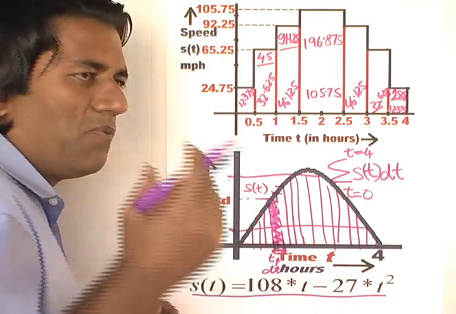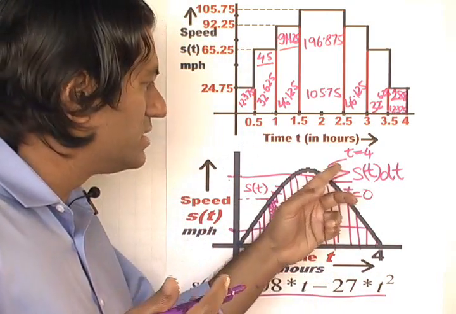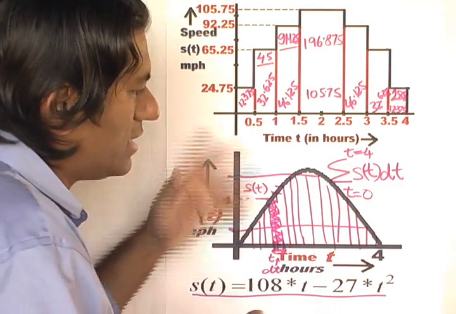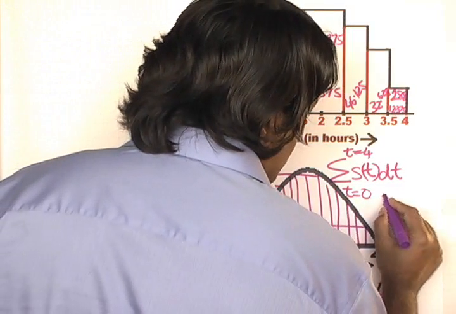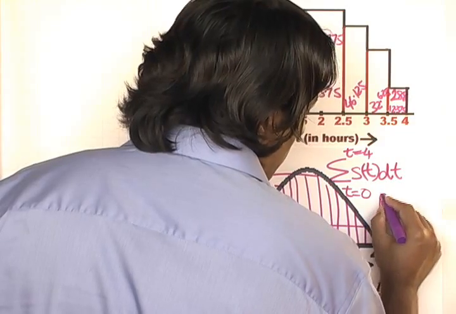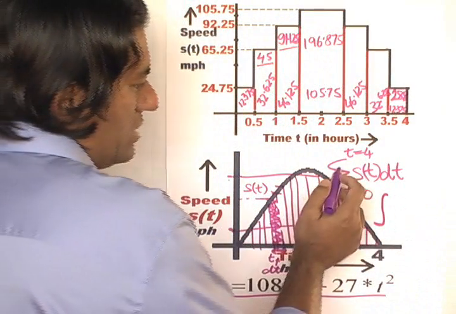And the way that is expressed is that the sigma sign is removed in integral calculus. Instead, a stylized s is put instead of the sigma.